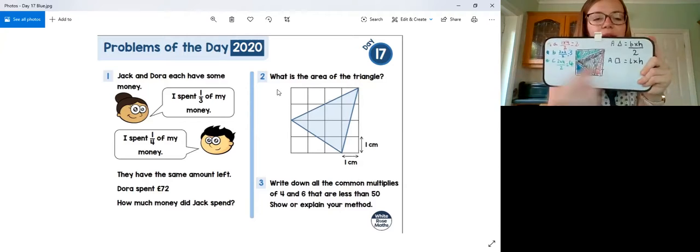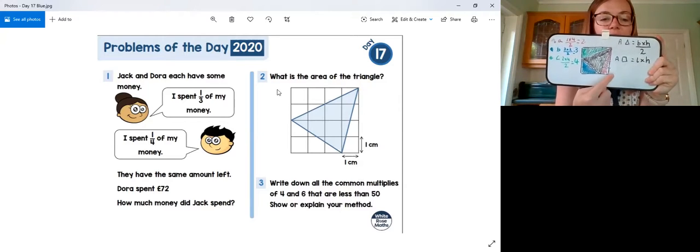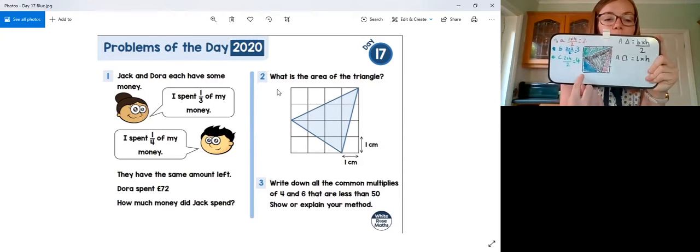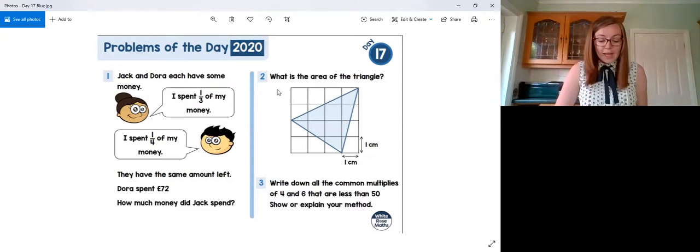So the other thing we need is this formula here, the area of the square. The area of the square is its base or its length times its height. So the bottom is 4 and the height is 4. So the area of the square equals 4 times 4, which is 16.